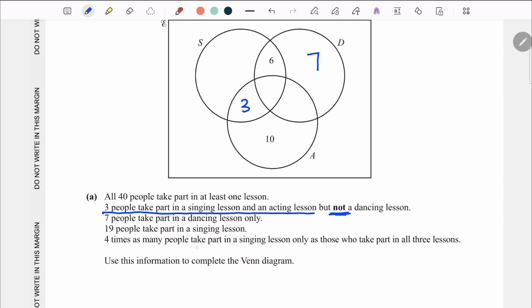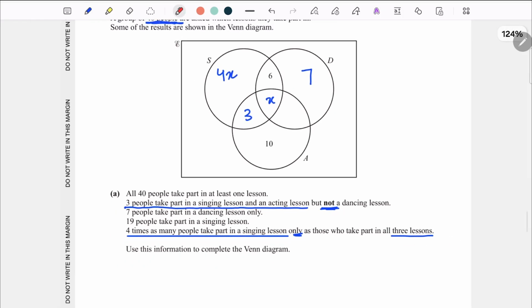4 times as many people take part in a singing lesson only as those who take part in all 3 lessons. So all 3 lessons, this space, is going to be x, and 4 times as many people take part in singing lesson only, so this is going to be 4x. Now because there are 19 people taking part in a singing lesson, this whole circle is going to be 19.